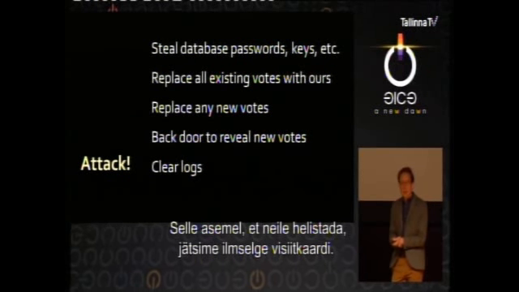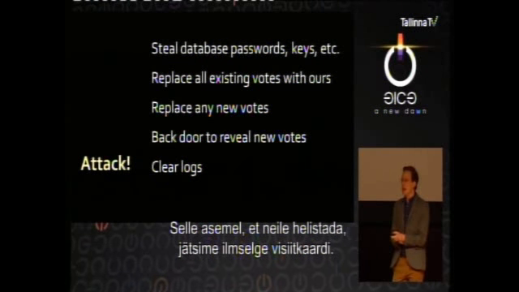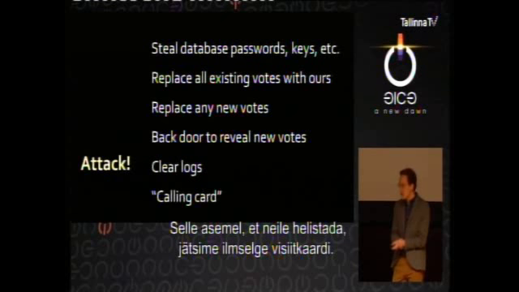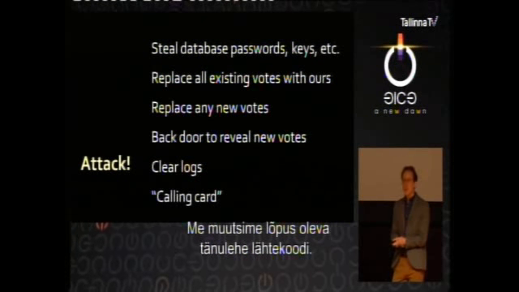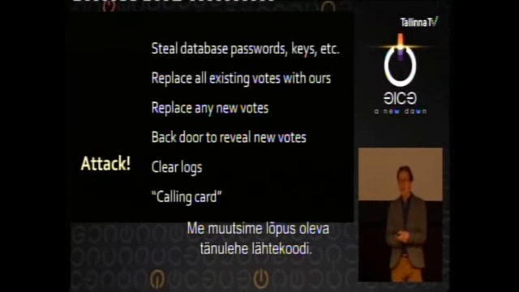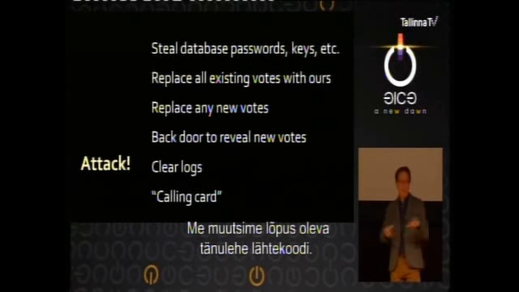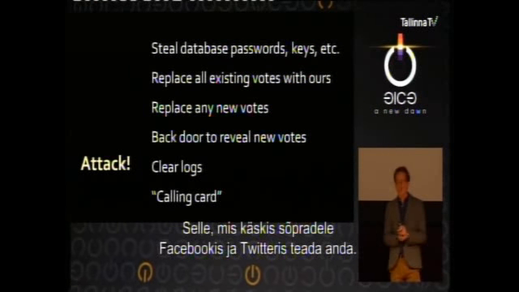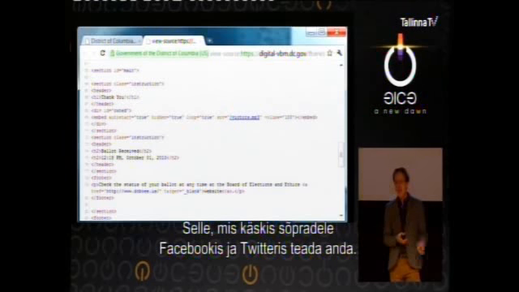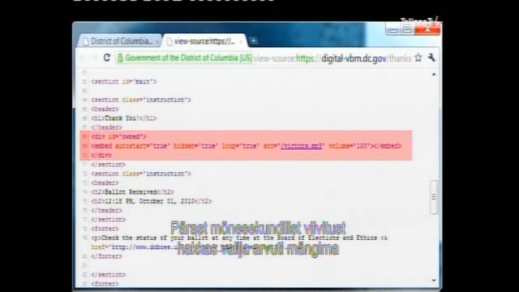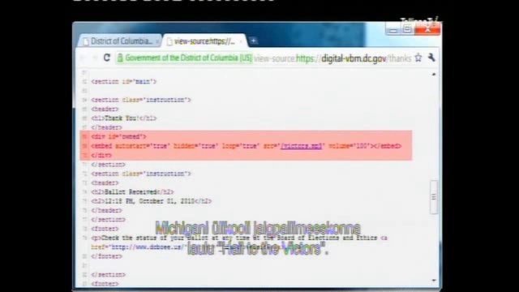So instead of just calling them up, we decided to leave a, we thought, not so subtle calling card. So what we did was we changed the source code to that thank you page at the end, the thing that says, tell your friends you voted on Facebook and Twitter. And we added a few lines right here. This would, after a few-second delay, cause the voter's computer to start playing the University of Michigan's football fight song, Hail to the Victors.